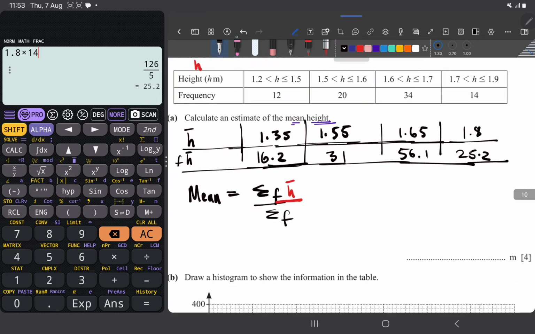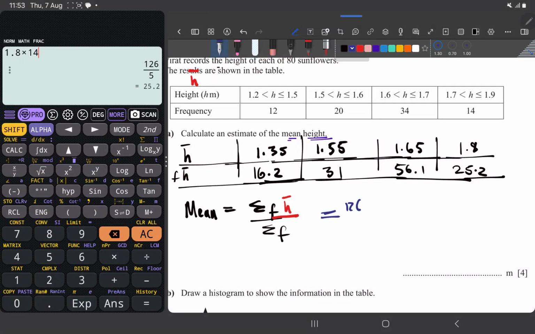Now you follow up on your formula to say mean is the summation of f h bar over the total frequency. So mean is 16.2 plus 31 plus 56.1 plus 25.2, all divided by the total frequency. If you wanted, you could have first said 12 times 1.35 plus 20 times 1.55 plus 34 times 1.65 plus 14 times 1.8, showing that you actually did that.